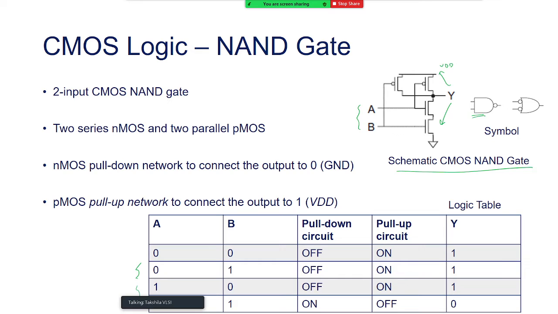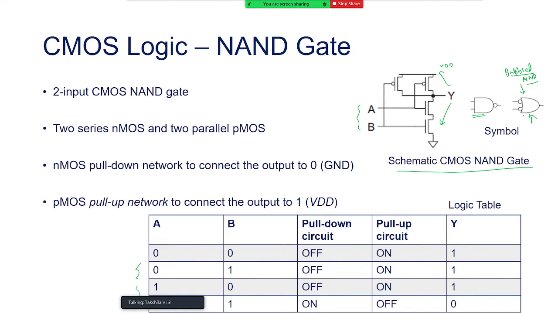Right, that was the symbol of the NAND logic, 2 inputs, and this is called a bubbled AND logic. We also saw how we can represent that by using De Morgan's theorems.